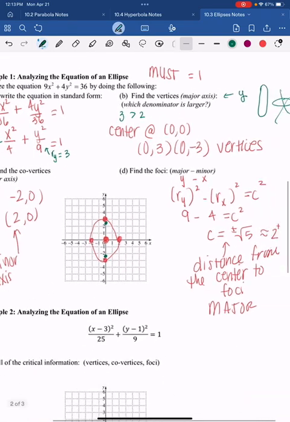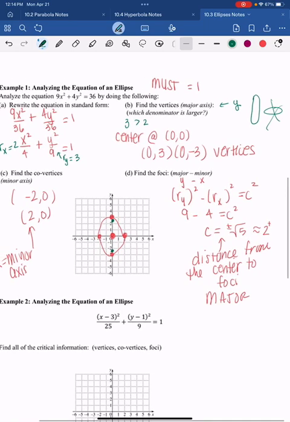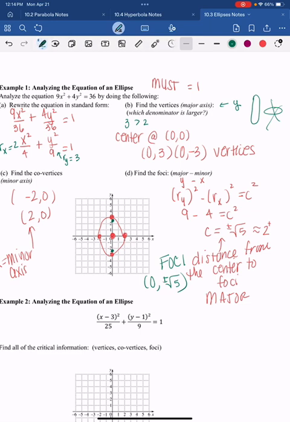As ordered pairs, that point is 0, plus or minus the square root of 5. And those are your foci. If x was the major axis, I would have gone root 5 to the right and root 5 to the left. And I know that y is the major axis because the y radius is greater than the x radius.